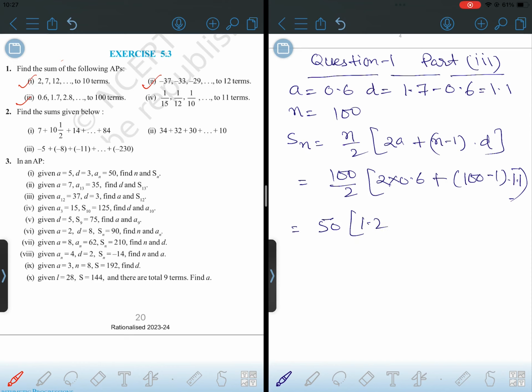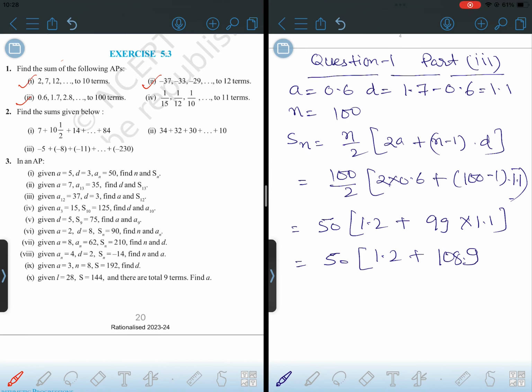Now once you solve this, you get 1.2, and then this is 99 into 1.1, right? If you further solve this, you get 50 into 1.2 plus 108.9.